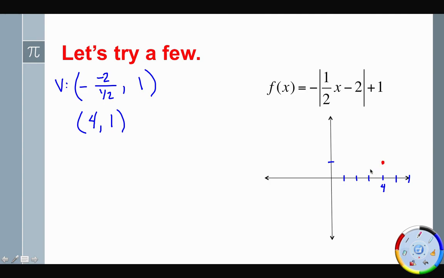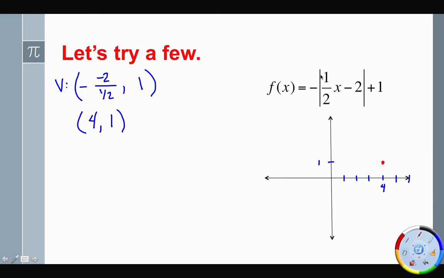Remember the point 4, 1. And then what we have to remember is that because it's a negative, instead of going upwards, we're going to go downwards. Now the slope here is 1/2. So on one side, it's going to be positive 1/2, and on the other side, it's going to be negative 1/2.